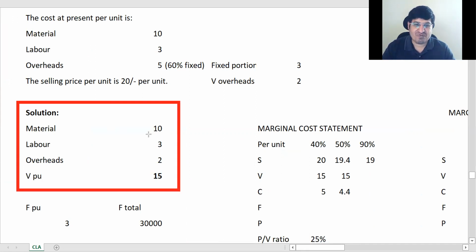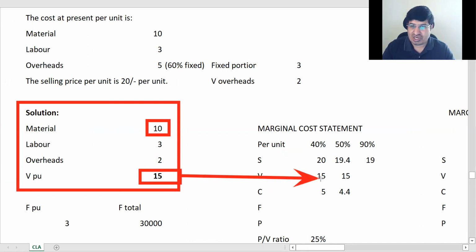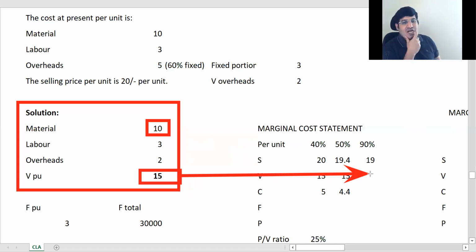And here we are going to reduce 5% from material and see what is the V which we are getting. Okay, and whatever V we get, this V will go here. ठीक है, हम क्या करेंगे यहाँ पे, हमको बस ये मटेरियल में 5% कम करेंगे और जो वी चेंज हो जाएगा ना उससे, वी पर यूनिट हम यहाँ लेके जाएंगे.